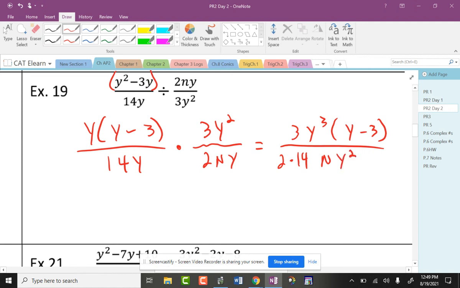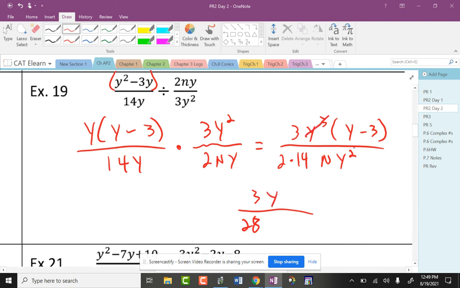Sorry, Ella, does 3 go into 2 or 14? Yes or no? Nope. So it is going to be 3 over 28. And then what else cancels? Let's take the y's. Where are there more y's, top or bottom? How many? 1. So you have a 3y on top.